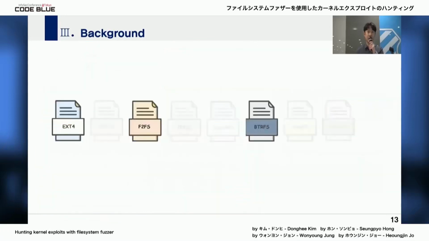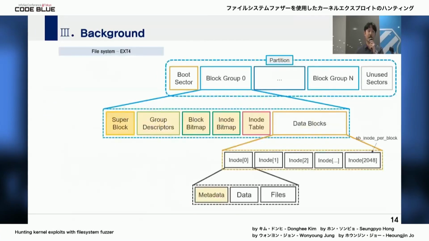Our targets are ext4, f2fs, and btrfs, which are file systems that are auto-mounted in Ubuntu. Especially ext4 is auto-mounted in many OSs.